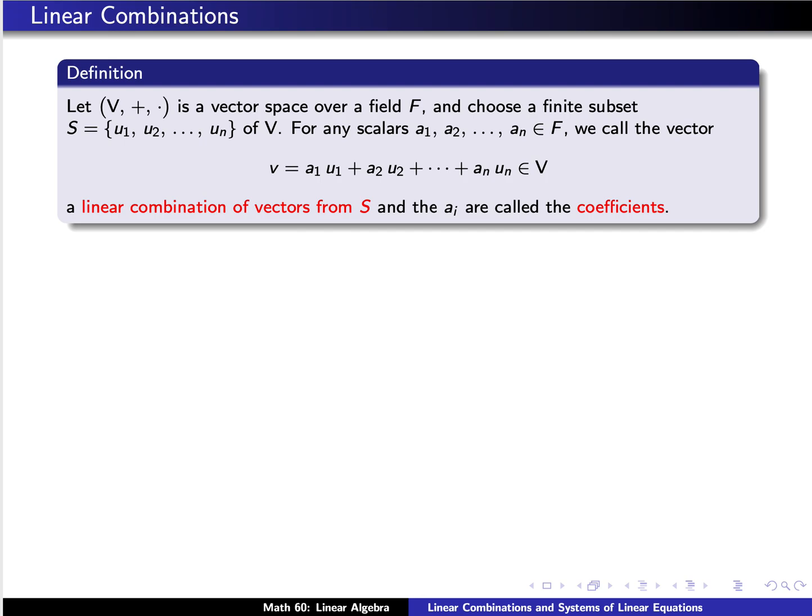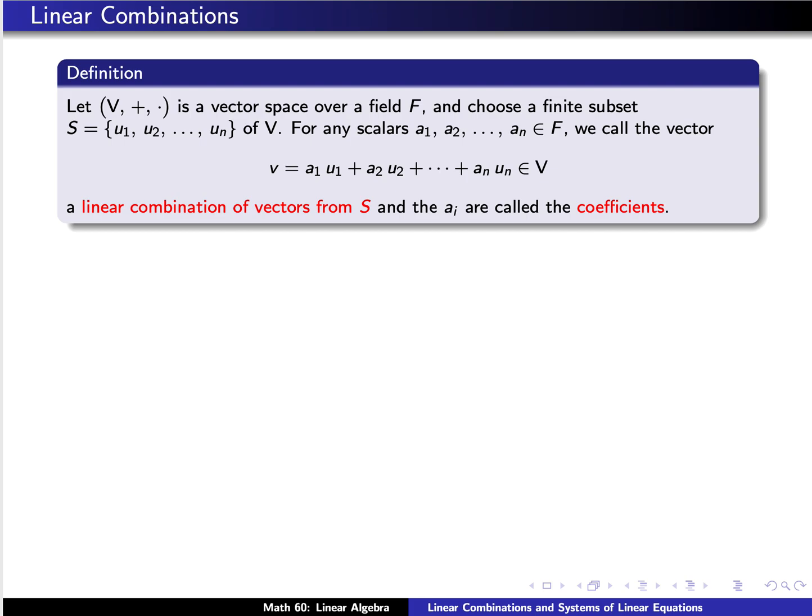Let's let our vector space, namely a non-empty set V, vector addition plus, and scalar multiplication dot, be given. We'd like to choose a finite subset that we'll denote by capital S. In this case, we will list the vectors as u1, u2, through u sub n.